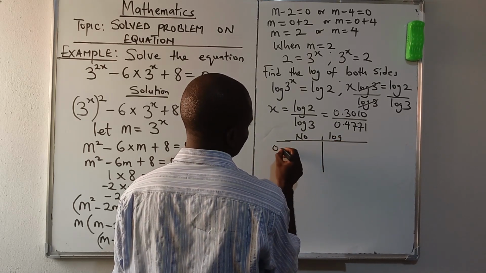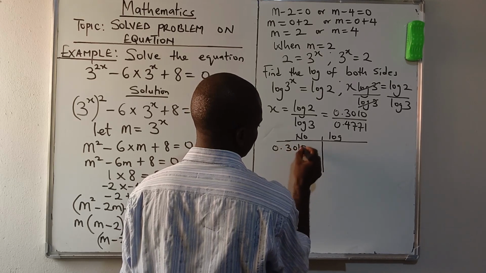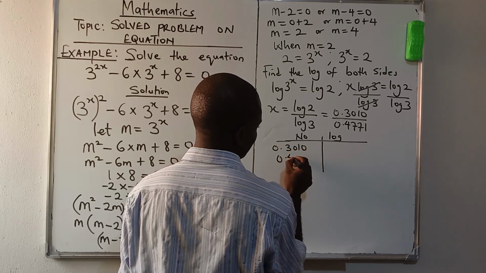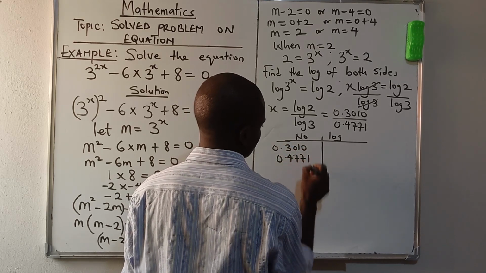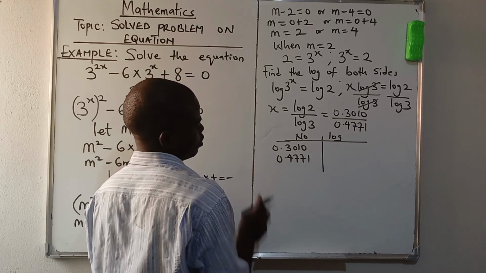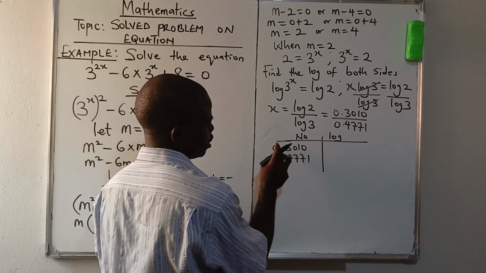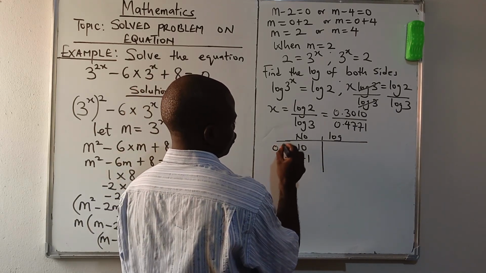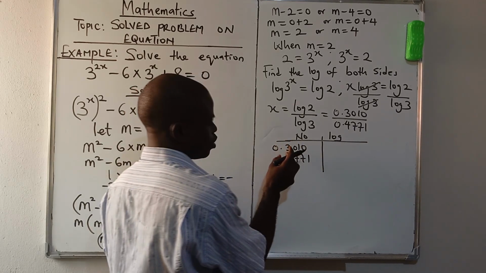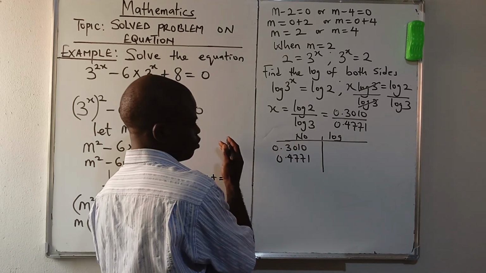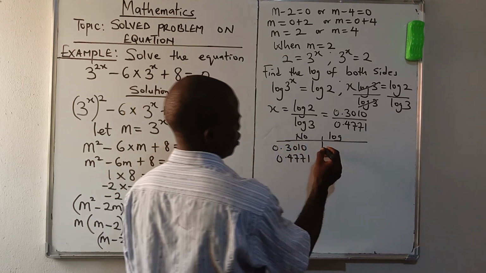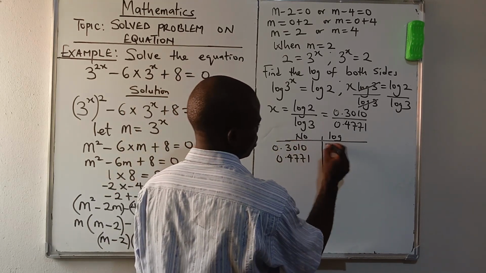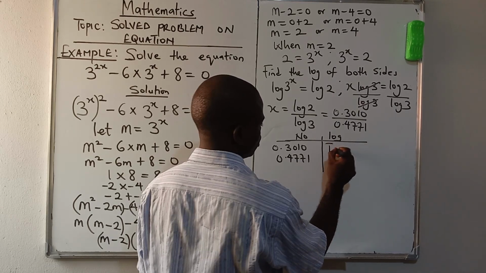Now you have 0.3010 and 0.4771. Since you're having decimal numbers, you shift to the point in which you have one figure to the left. When you shift once, that's bar 1. Introduce your bar 1 point.